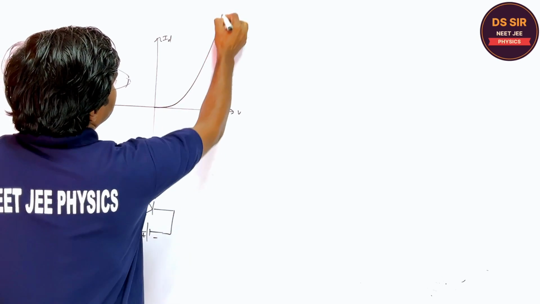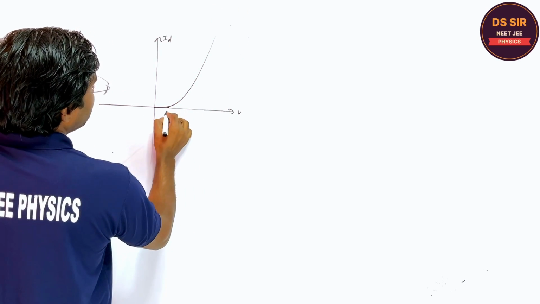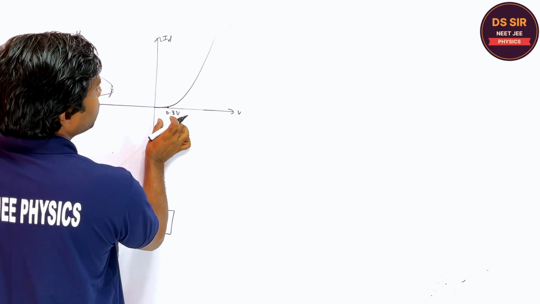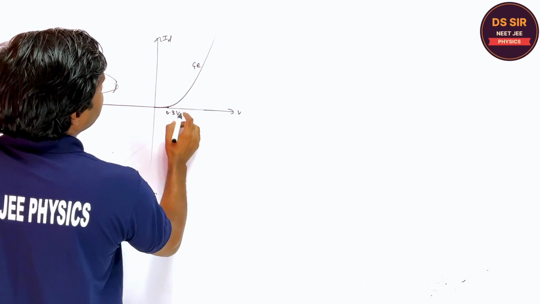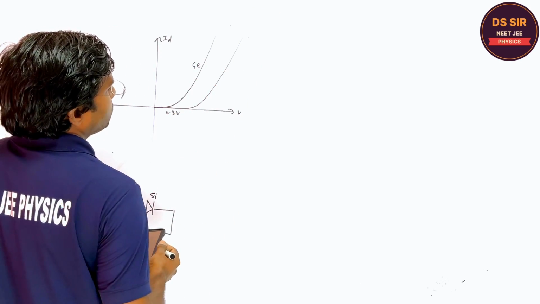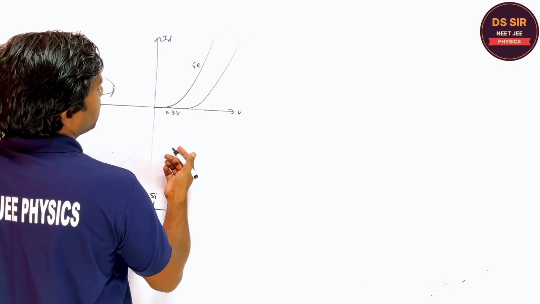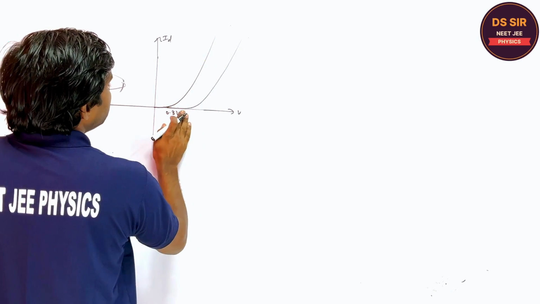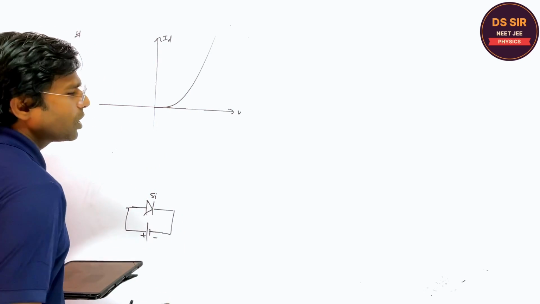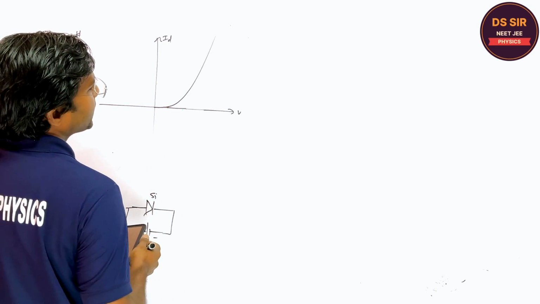For the germanium diode this is 0.3 volt, the cutoff potential or the knee voltage for the germanium diode, and this is for the silicon diode. So you just leave this, only consider forward characteristics.